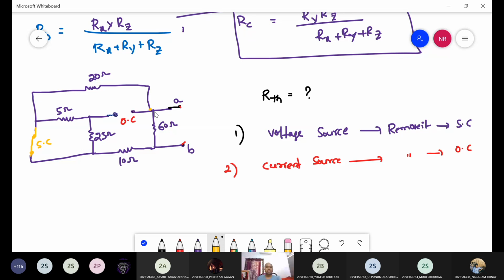Then from a point, suppose current flows this way. Here it is G. Whatever the current flowing here, this is 20 ohms. Then while calculating the equivalent resistance, current will flow from this point.